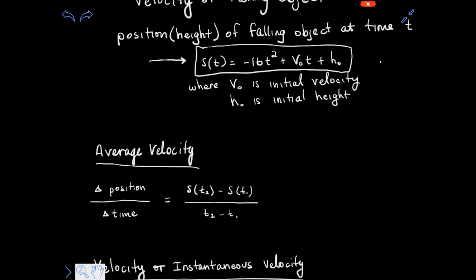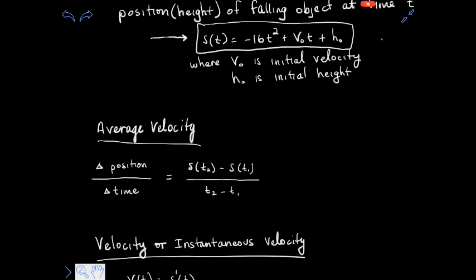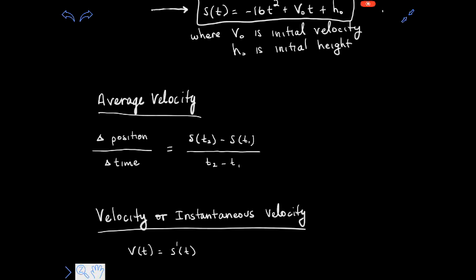This is just the slope of a line between 2 points, because this is like average rate of change, like average velocity. So we're just using the slope formula, using the position function, much like we did in the last example. If you are asked to find a velocity or instantaneous velocity, those are synonymous.